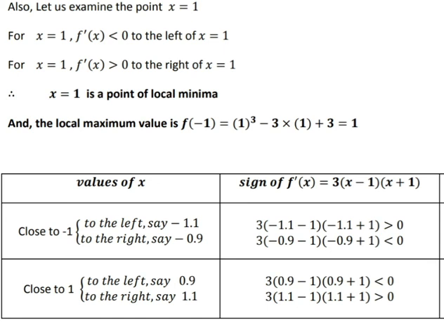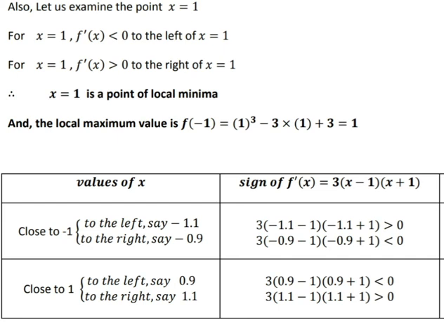And the same thing we do to a number x equal to 1. Say we take a number on the left side of 1, it can be 0.9, for example, and when you substitute 0.9 in the expression of f prime of x, you'll find that the value of f prime of 0.9 will be less than 0.